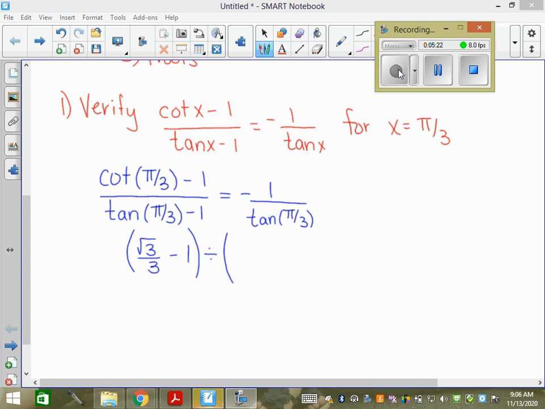Remember, you can memorize them, or you can literally go, okay, tan of pi over 3 is sine of pi over 3 divided by cos of pi over 3, which is root 3 over 2 divided by a half, which is root 3 over 2 times 2, which is root 3. You can do all the math for it, or you can memorize it. Cotan is just the flip of that. So we get root 3 minus 1. This is technically over 1, equals negative 1 over root 3.